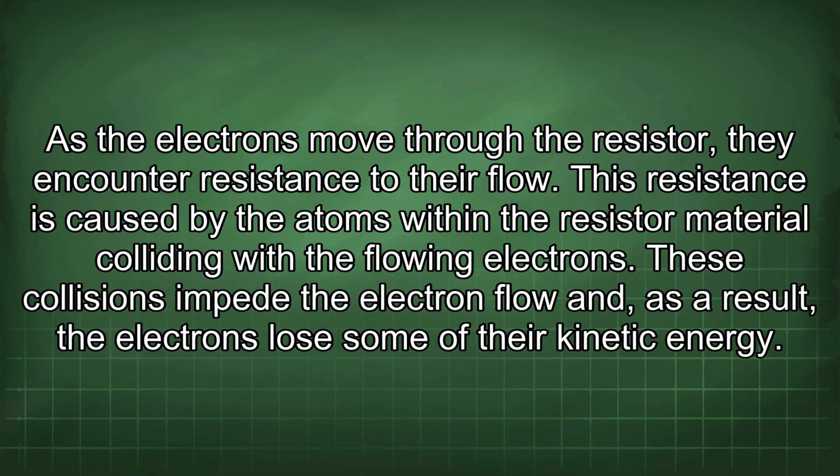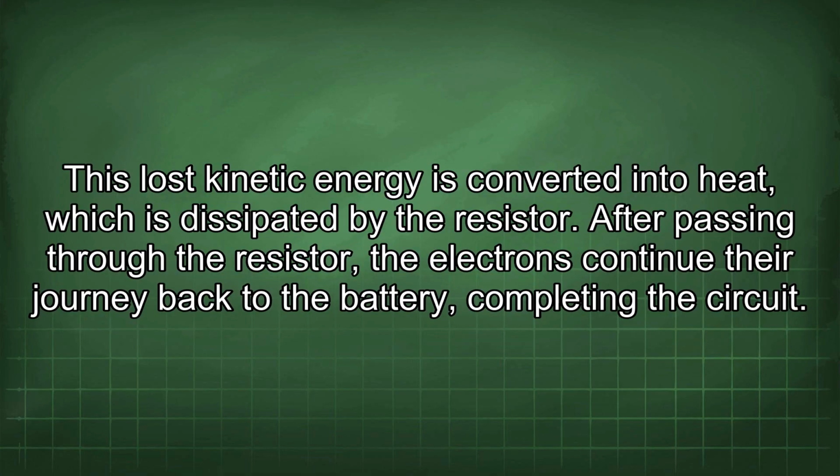This resistance is caused by the atoms within the resistor material colliding with the flowing electrons. These collisions impede the electron flow and, as a result, the electrons lose some of their kinetic energy. This lost kinetic energy is converted into heat, which is dissipated by the resistor. After passing through the resistor, the electrons continue their journey back to the battery, completing the circuit.